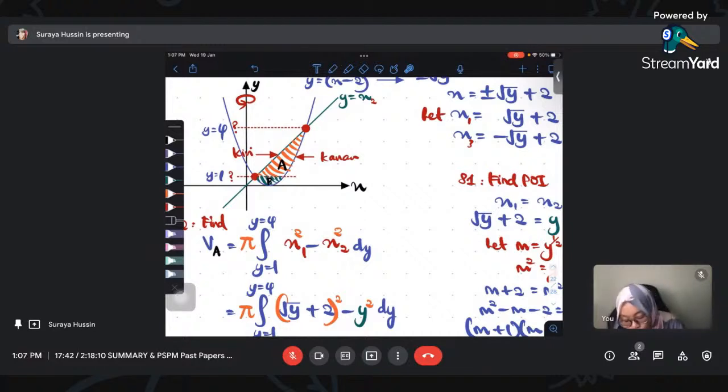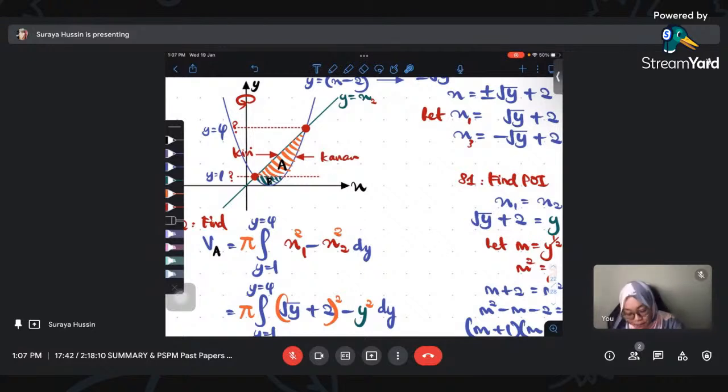Dua-dua sama sebab dia ada 2 titik. Bila dia ada 2 titik, bermaksud dia ada 2 POI. Okay, dia ada 2 point of intersection di mana region A takat sini sahaja. Maksudnya kita kena pisahkan dia lah. Kita kena pisahkan dia sebab susahnya nak explain dan takutnya.